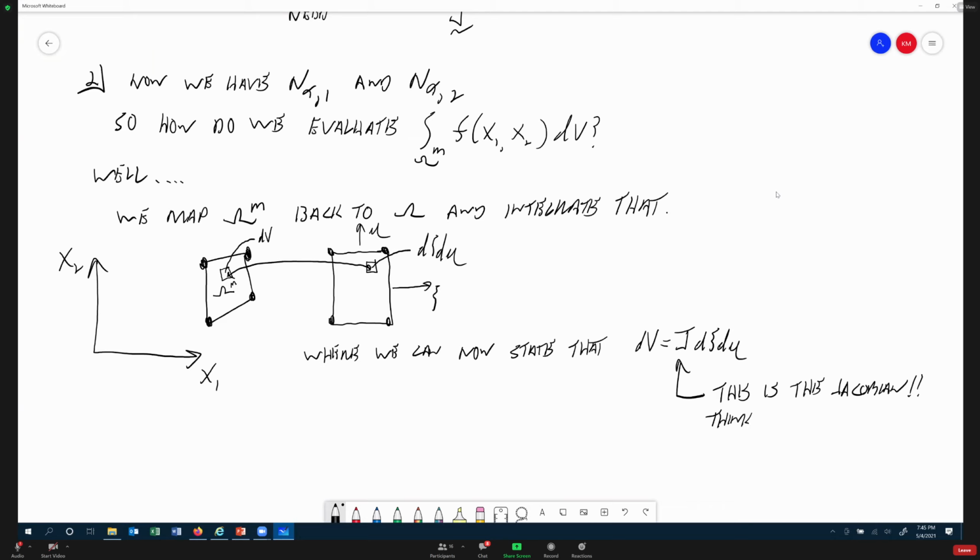Think of it as a scalar that helps you map between the two spaces.